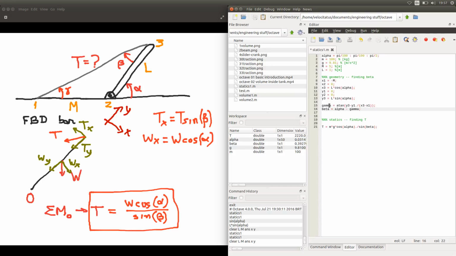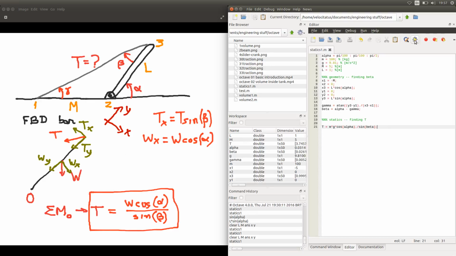Gamma, as a consequence, will also be an array of values, and beta, as a consequence as well, will be an array of values, and also the tension T. As alpha changes, beta changes, and T will have as many values as the array alpha. So again, here we need the scalar operator to do this division. So let's see how that turns out.